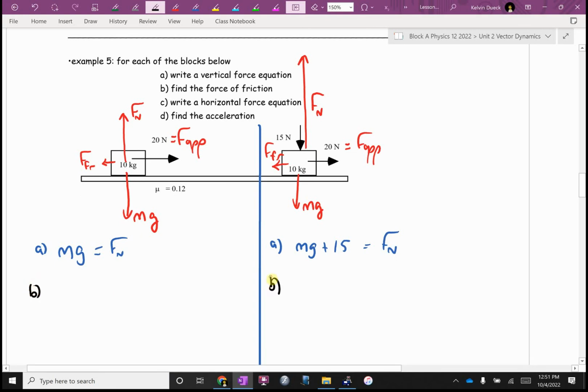Keegan, what's B want me to find? Friction is what times what? Just read the equation. Friction is what times what? We put it in a box or it's on your formula sheet. Mu times the normal force. Yeah.